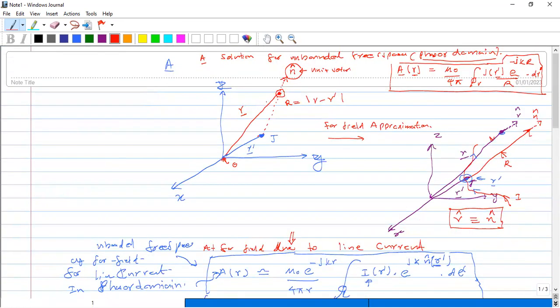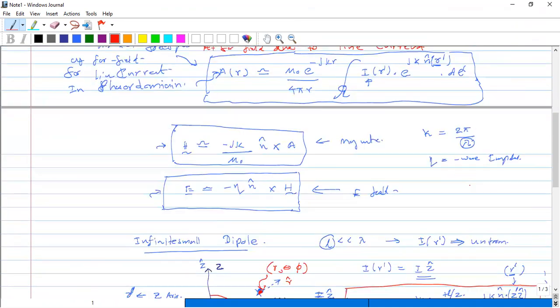So r hat is completely equal to n hat. At the far field, r hat is completely equal to n hat. n hat is this direction, from the antenna to the considered point, and this direction is r hat. At the far field, these two are considered parallel.